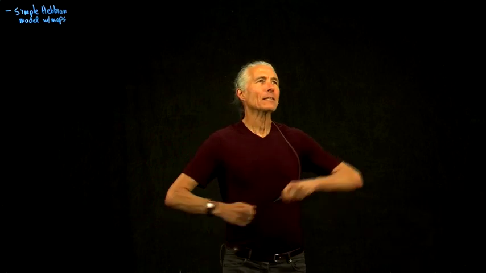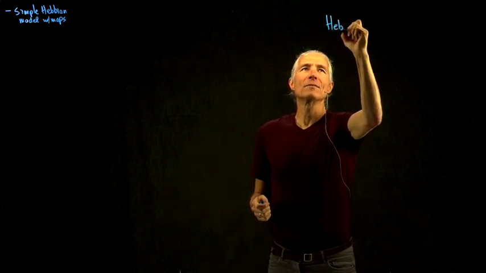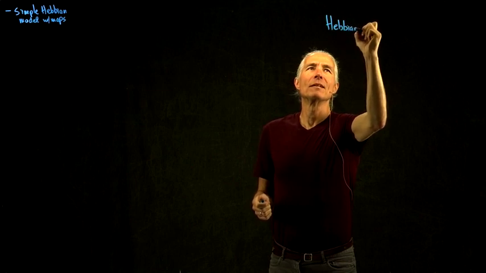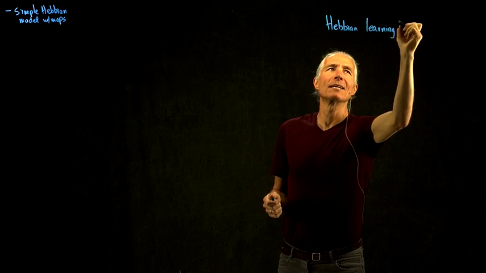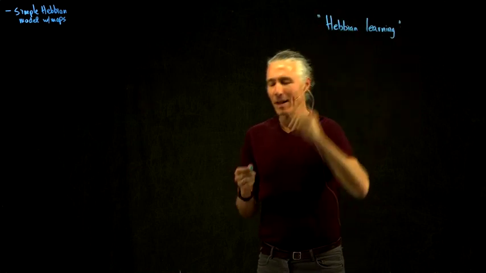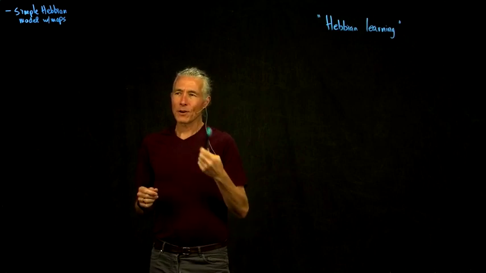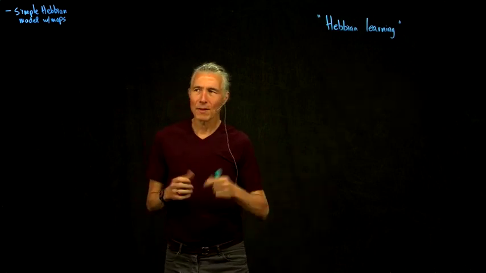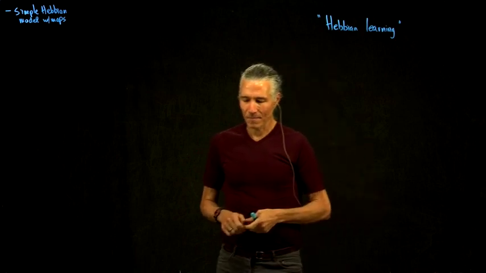So what does it mean when we say we have some kind of Hebbian learning? Where does that come from? There was a guy, Donald Hebb, who had this idea about activity circulating around in networks and how that might change the strength of the connections in a network.